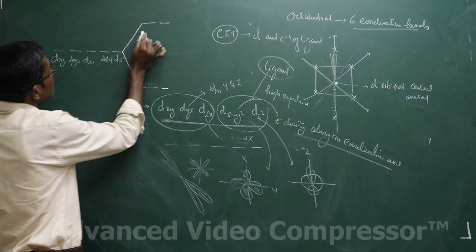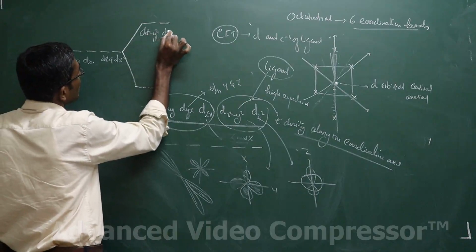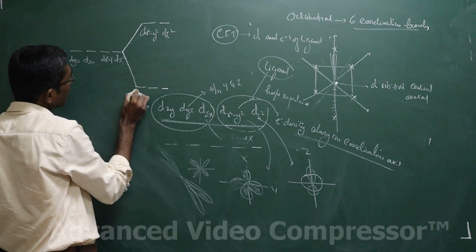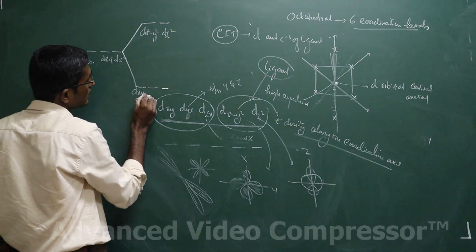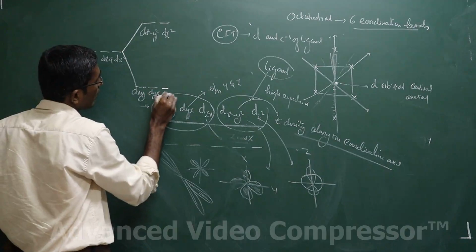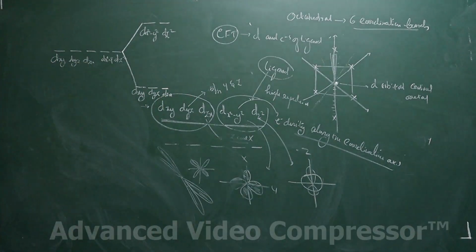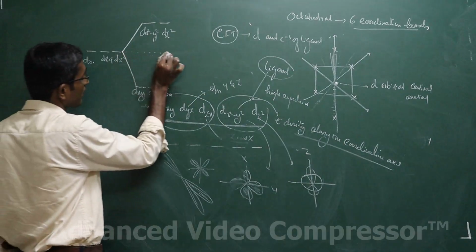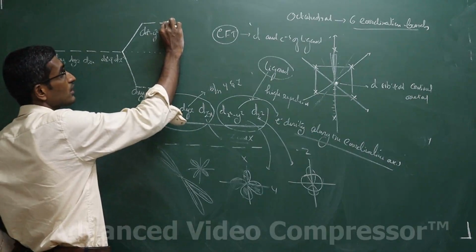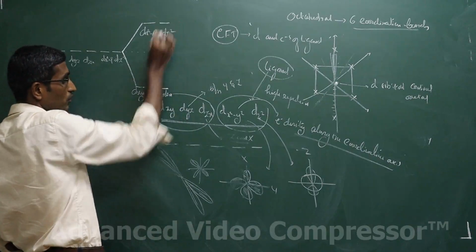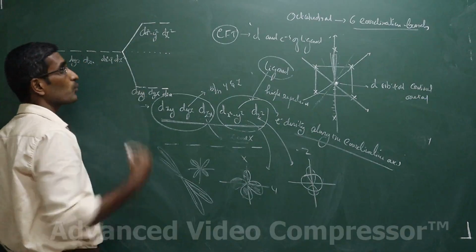That is why there is a rise in energy for the dx square minus y square and dz square orbitals, whereas these 3 orbitals, dxy, dyz and dzx, have lowering of energy. That is, splitting happens. From the hypothetical field, there is a rise in energy for the dx square minus y square and dz square orbitals, and the dxy, dyz, dzx orbitals have lowering of energy.